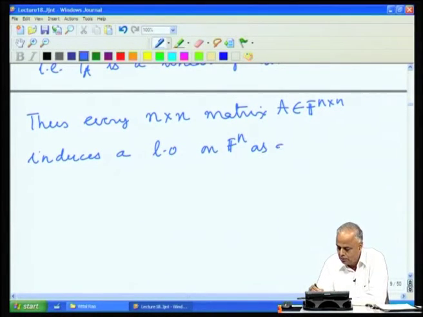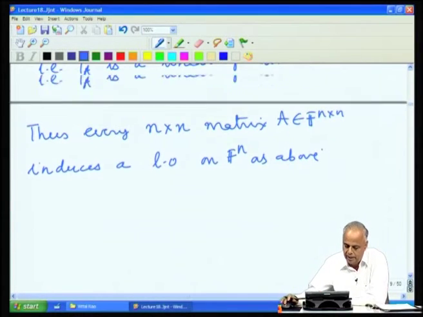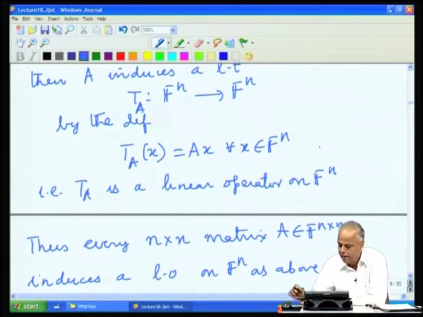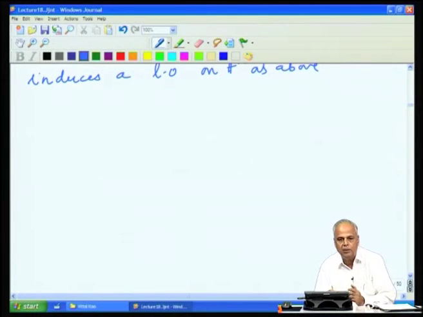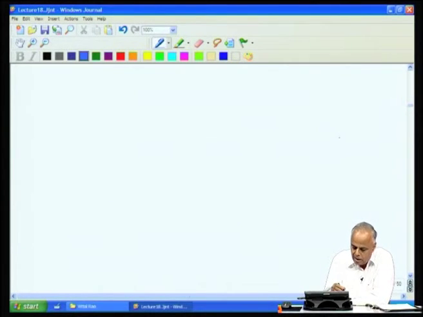How does it induce? As above, that is TA x is equal to Ax. So, every m by n matrix induces a linear transformation from Fn to Fm. Every n by n matrix induces a linear transformation from Fn to Fn, and hence a linear operator on Fn.